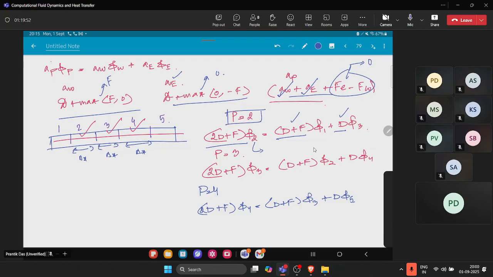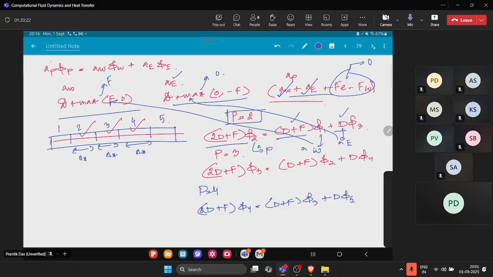Your P value is 2, your west value is 1, so 1 is your D plus F, and your east value is D. This is AP, this is AW, and E is D. Is it clear to all of you? Yes, sir.